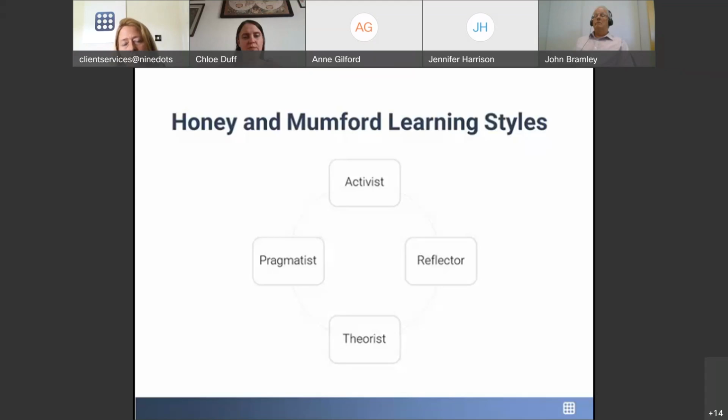The reflectors then, what do you think they like to do? Apart from reflect, you don't get any points for that one. Jane, yeah, they like to think and they like to observe. And Chloe, listen, yeah, absolutely. They'll probably be watching the activist thinking, I'll let them do it first. I'll observe from the sidelines and then reflect on it. They'll take the information on board, but they won't like to be rushed to make that decision.